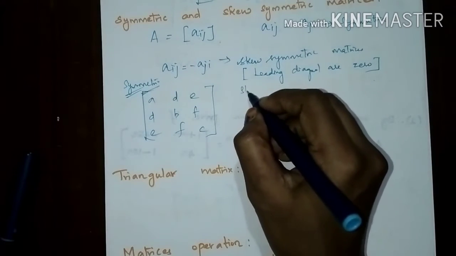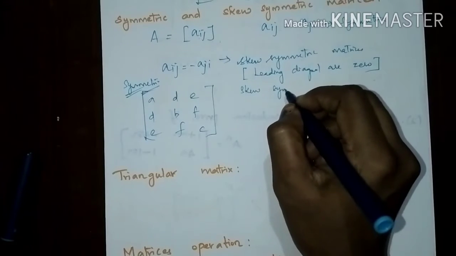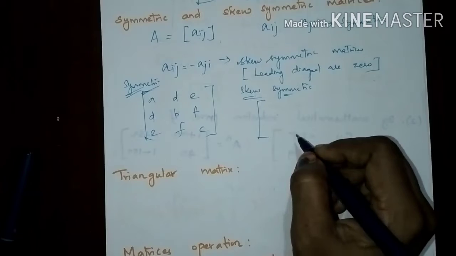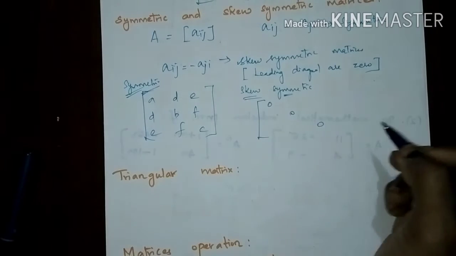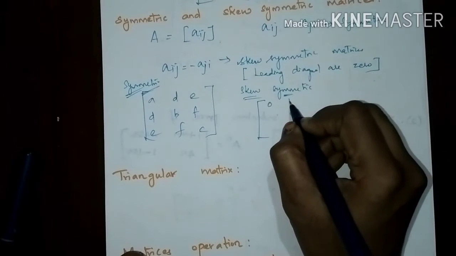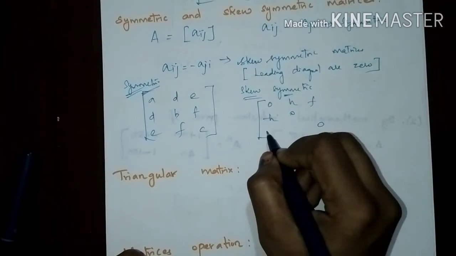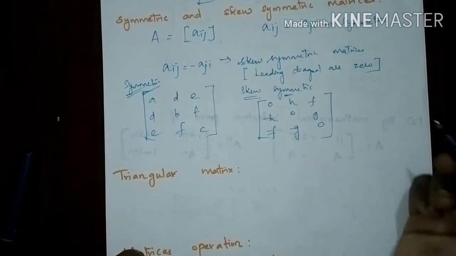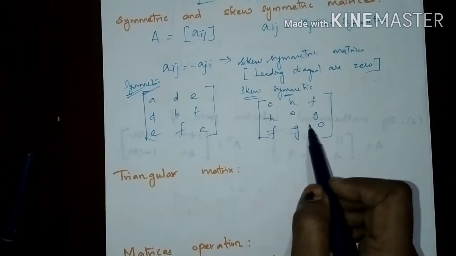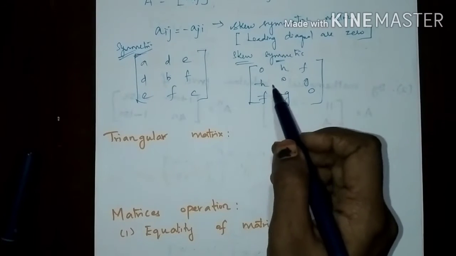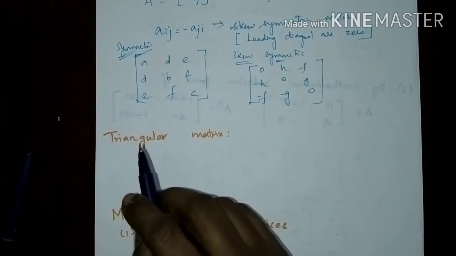And for a skew symmetric matrix, the leading principal diagonal elements must be 0. If you interchange a row as a column, it will change the sign. The elements other than the leading diagonal elements have sign-changed values for skew symmetric matrices.